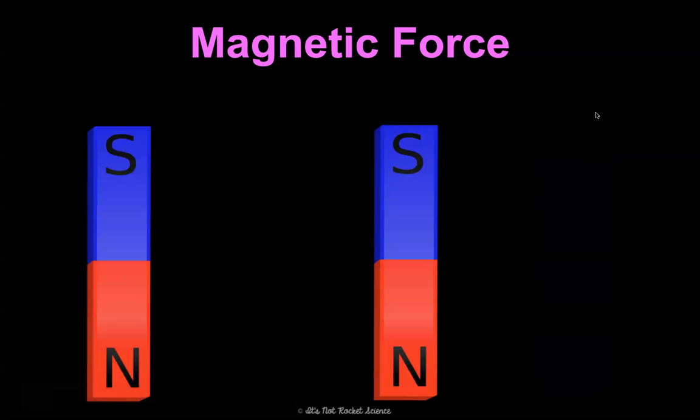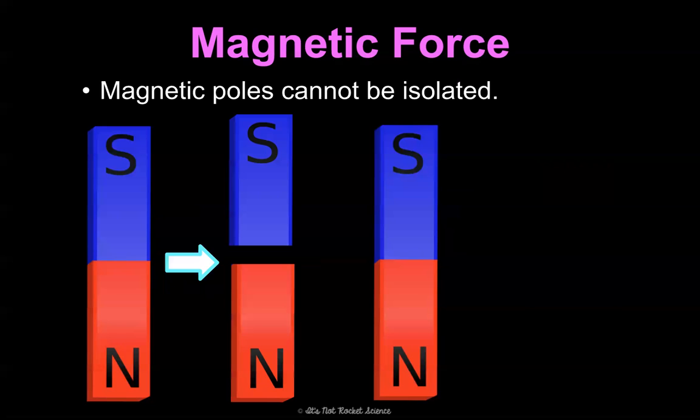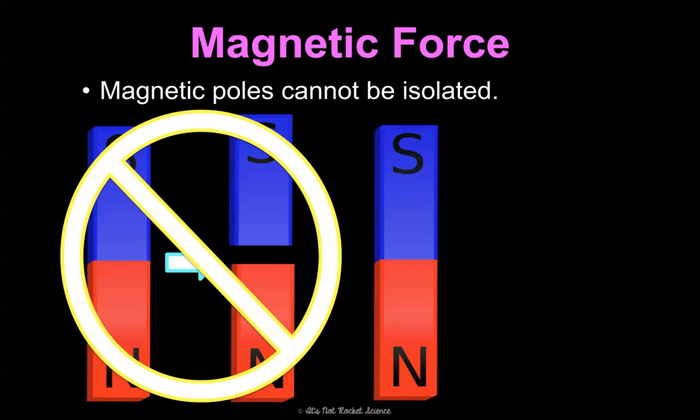All right, so here we have two bar magnets, because they're in the shape of a bar. Magnetic poles cannot be isolated. So in this case, if we break this bar magnet apart, we do not end up with a south magnet and a north magnet. That's not the way it happens.